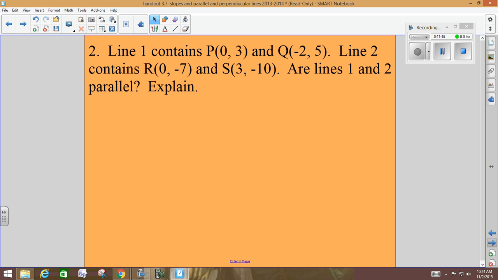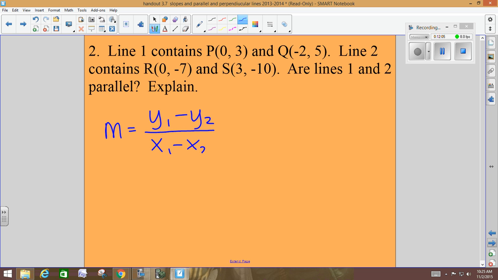You could make a graph. And then couldn't you count the slope between the 2 points like we did at the beginning? Yeah, if you would rather make a graph and count, show me you're doing that. Otherwise, you can use your slope formula: m equals Y1 minus Y2 over X1 minus X2. You have to compare slopes if you want to know if the lines are parallel or not.